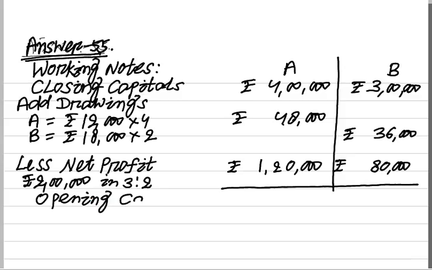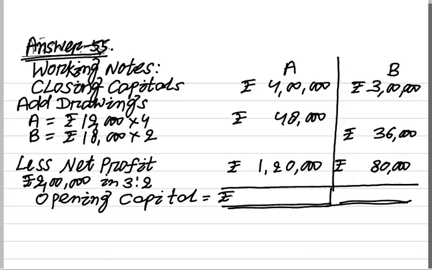Opening capital balances. For A, this is rupees 3,28,000, and for Mr. B it is 2,56,000 rupees. Interest on capital at the rate of 5%.